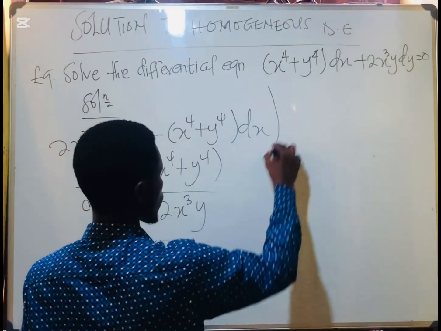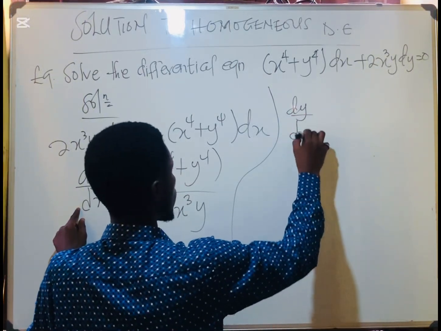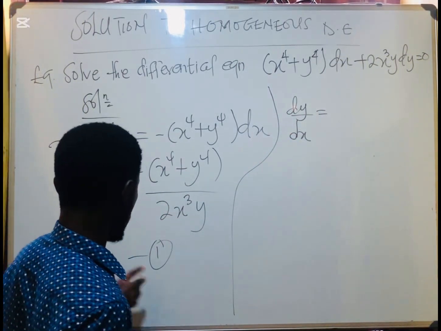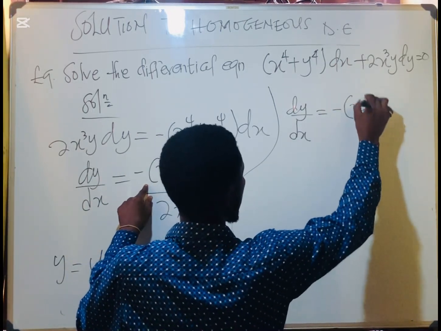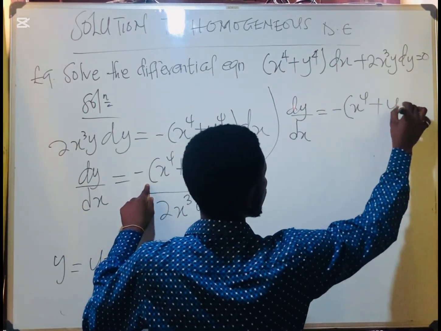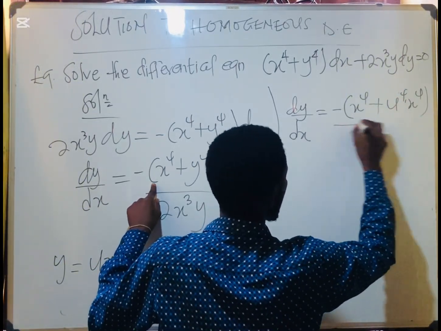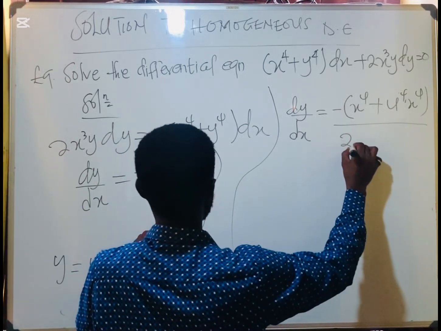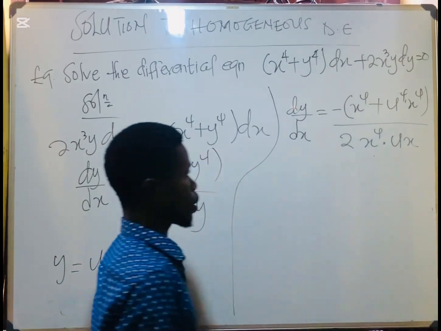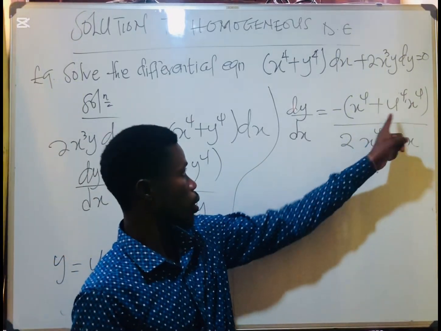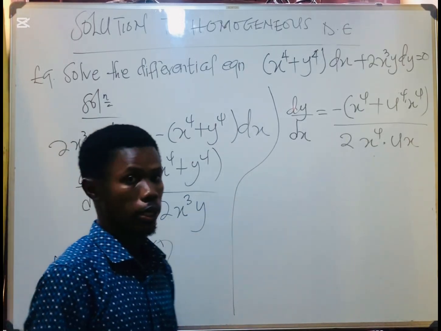Now we have dy/dx equals, putting the transformation in, negative (x⁴ + u⁴x⁴) all divided by 2x⁴ multiplied by ux. Wherever I see y, I put ux there using the transformation.